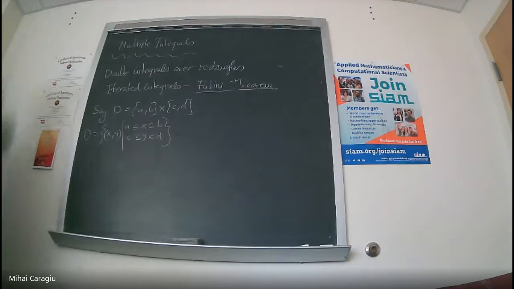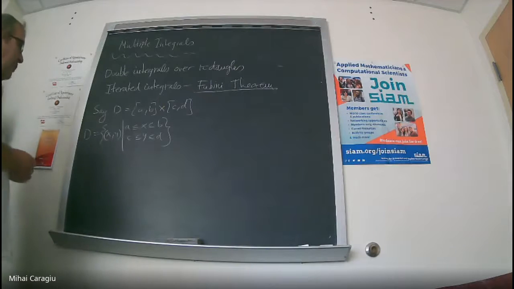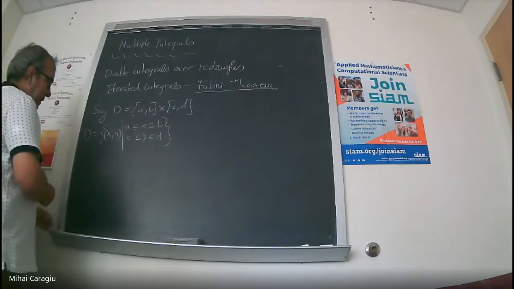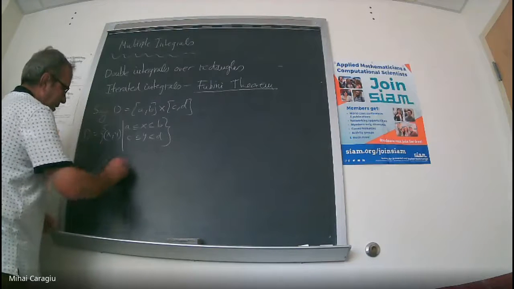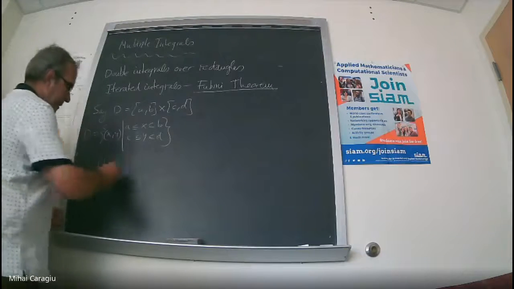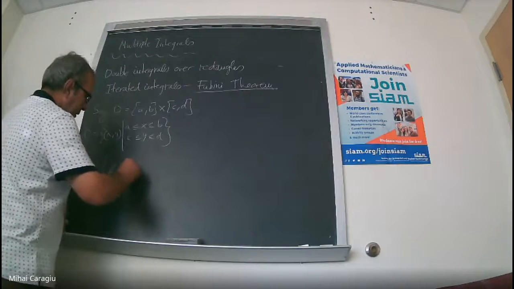So this will be the rectangle in the xy plane. For the Fubini theorem, we want to find a double integral over such a rectangle D of a function, let's assume it's continuous for simplicity, f of x and y, dA.